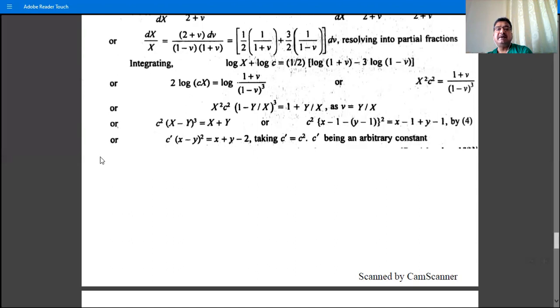So after simplification we have c dash x minus y bracket square plus x plus y minus 2 as the final answer. Okay, c dash as new constant, c square as c dash.